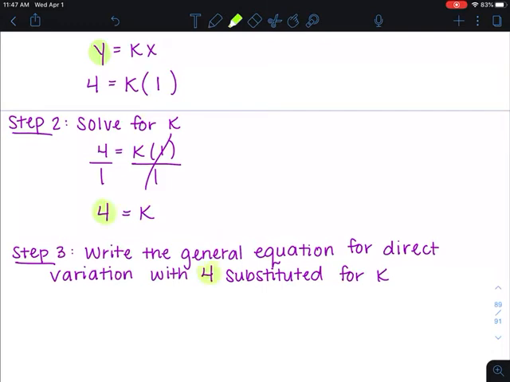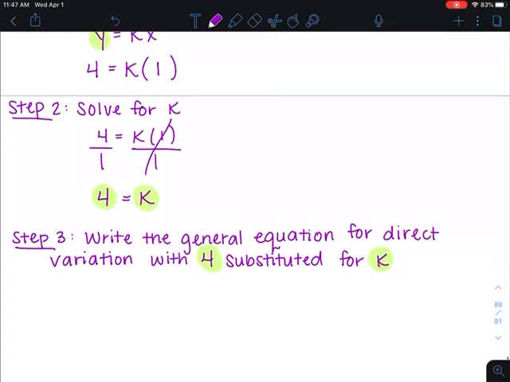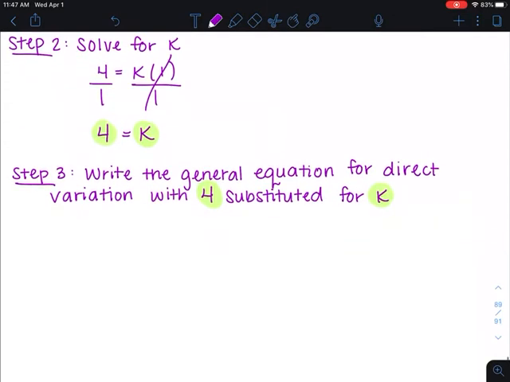And we're substituting k with 4 because we know that k is 4. So now our equation is y equals k times x, but we know k is 4, so it now becomes y is equal to 4x. What am I doing? 4x.